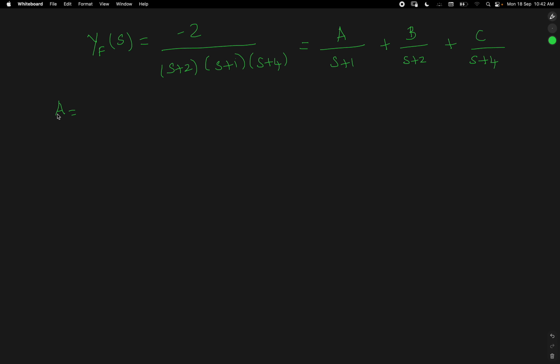So the value of A for this case is −2/3, the value of B here is 1, and the value of C is −1/3.